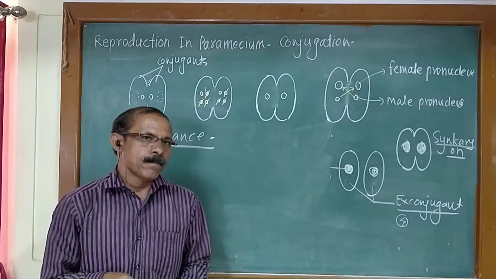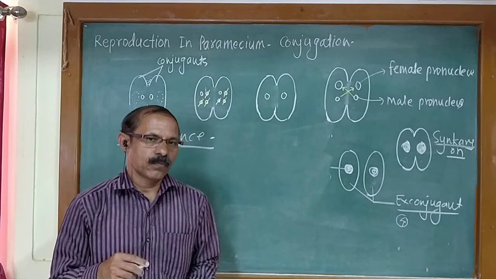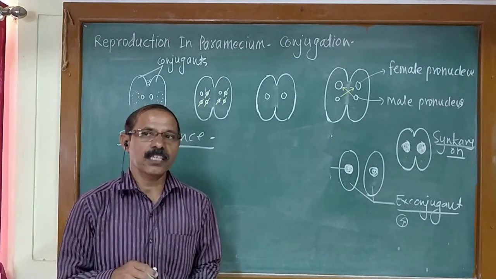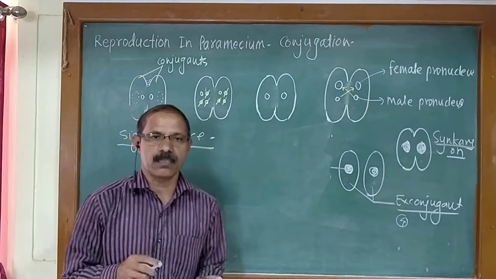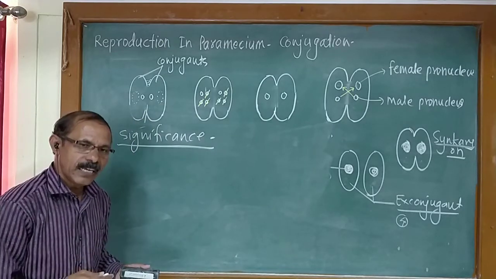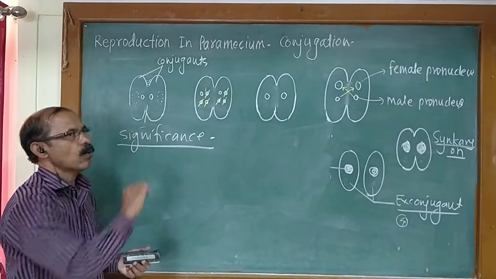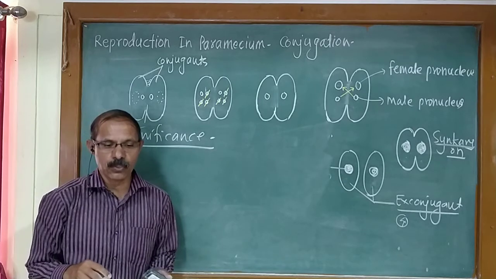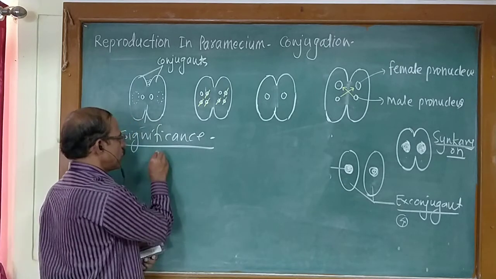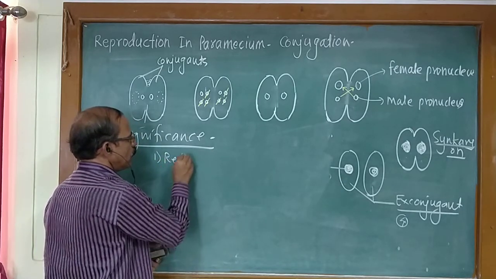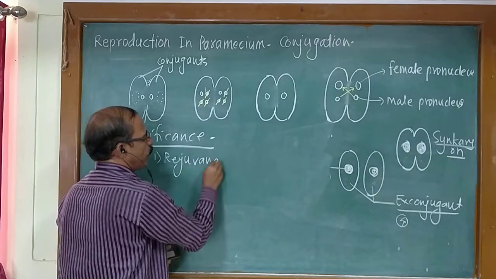After successive binary fission or asexual reproduction, the colony becomes weak, and for rejuvenating the colony, Paramecium undergoes sexual reproduction. So the first significance is that it is a rejuvenating method.